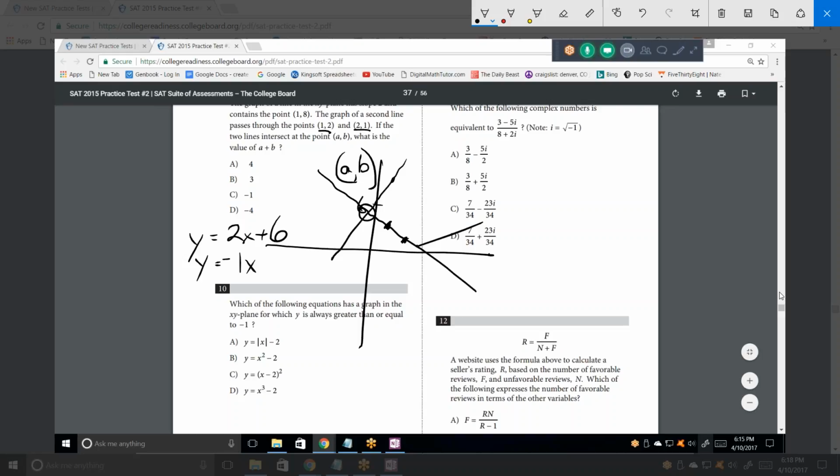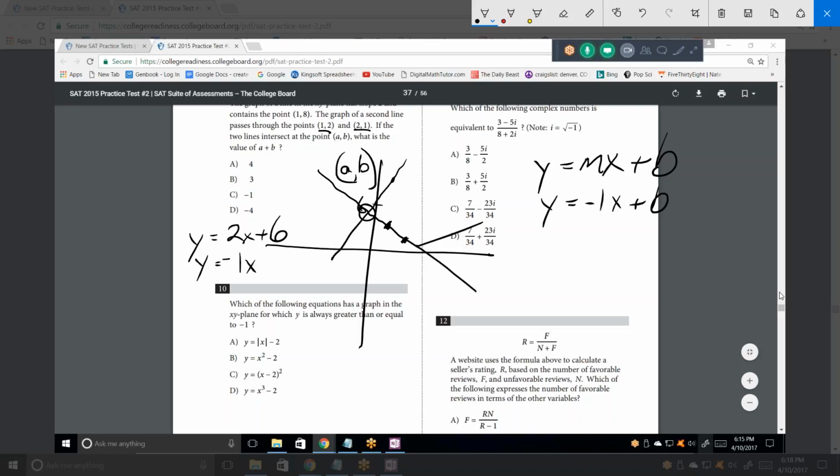Well, we know the equation of a line when we're given two points, or one point and a slope. Here's the standard equation of a line. You start with the slope, which is -1. Pick one of the points, plug it in for x and y, and we'll solve for b.